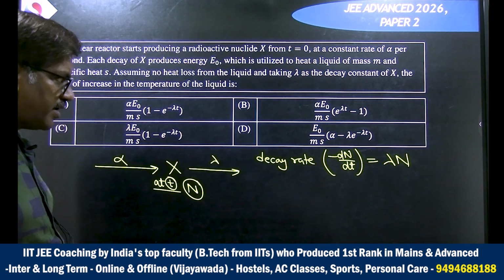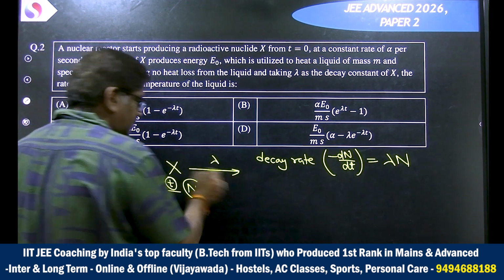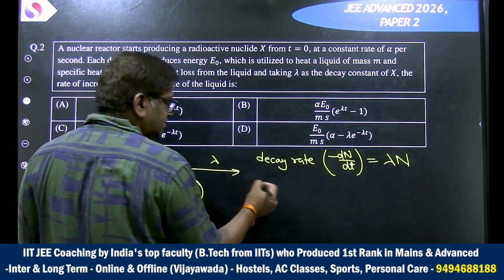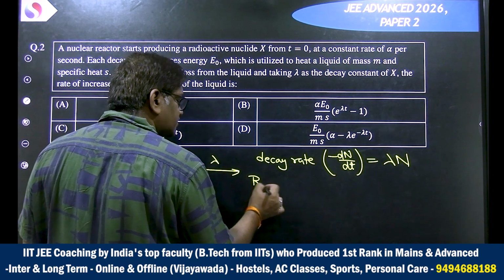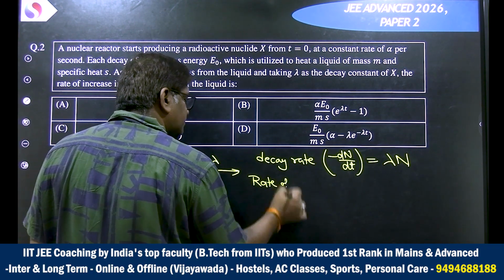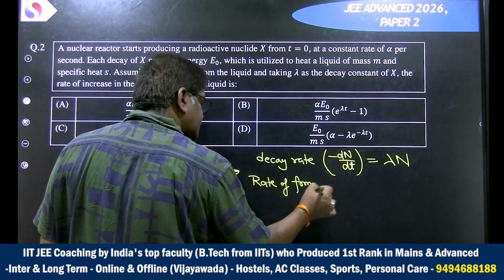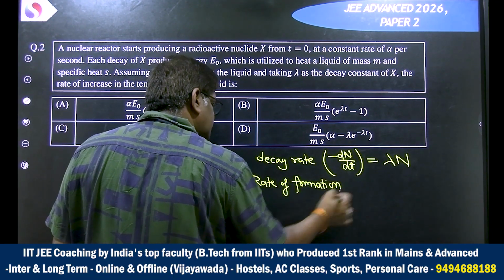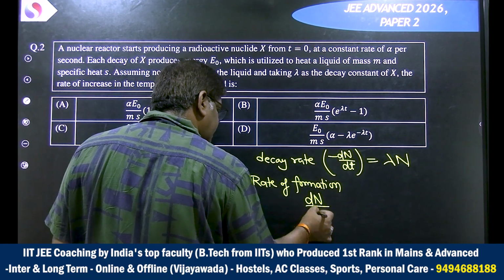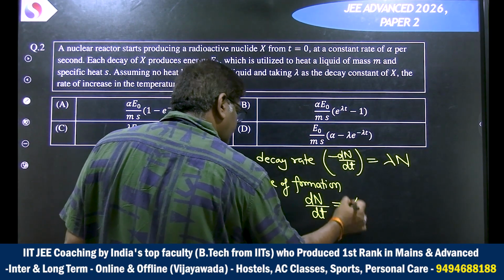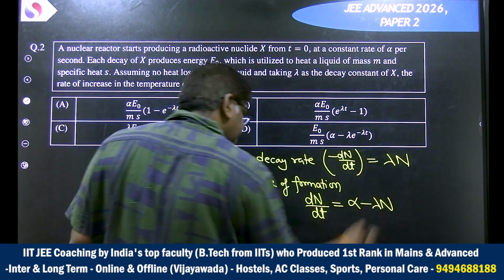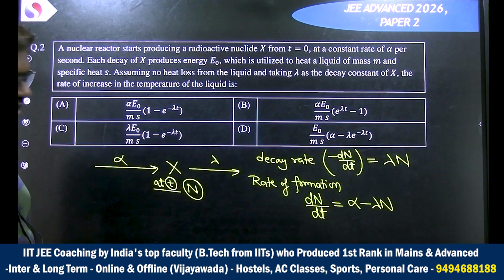All right, lambda n, as we know. But formation is also there. So what is the total rate of formation of X? Then you can say it is dn by dt, that is equals to alpha minus lambda n. All right, alpha minus lambda n.